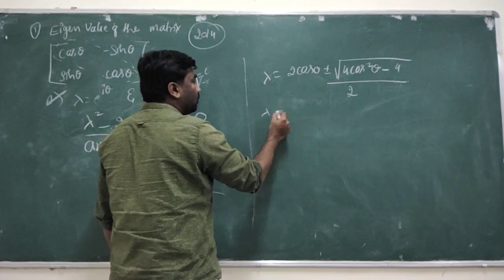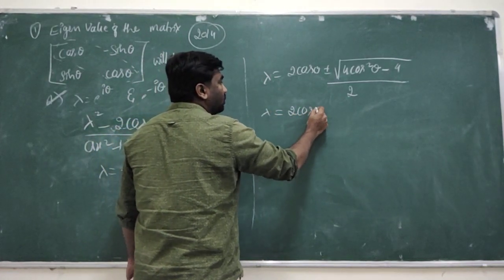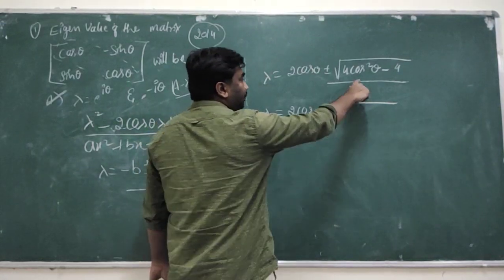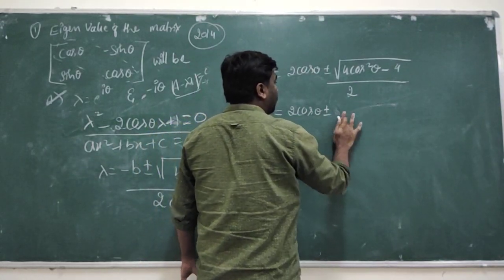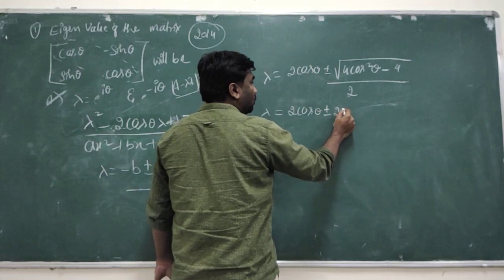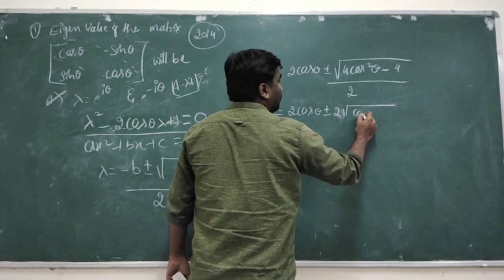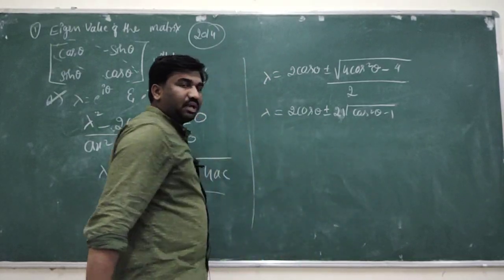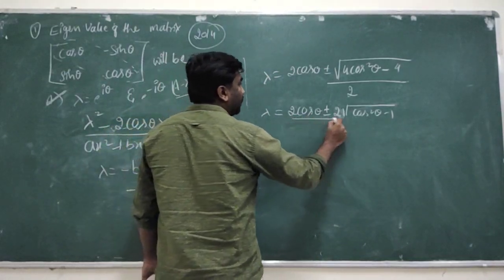So which is equal to 2 cos theta plus or minus root of, if you take 4 as common outside, it becomes 2 root of cos square theta minus 1. So cos square theta minus 1 is nothing but minus sin square theta, divided by 2.